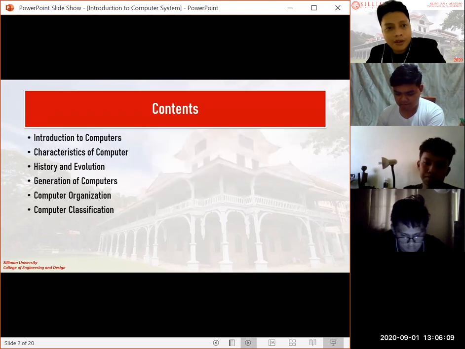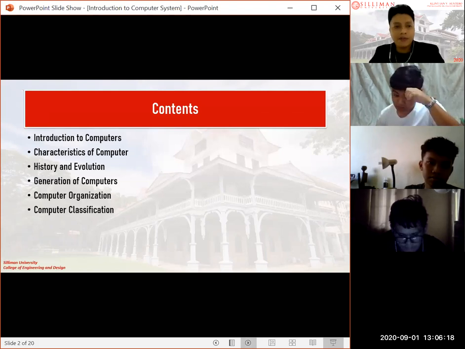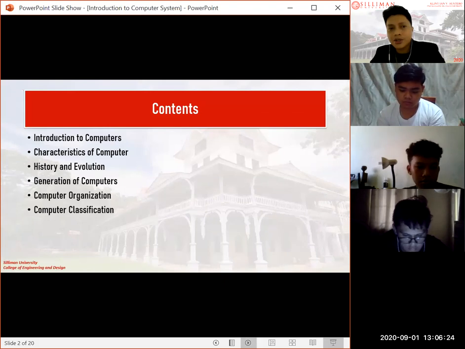To start off our contents, we'll look at the introduction to computers, characteristics of computers, history and evolution of computers, different generations of computers, computer organization, and computer classifications.